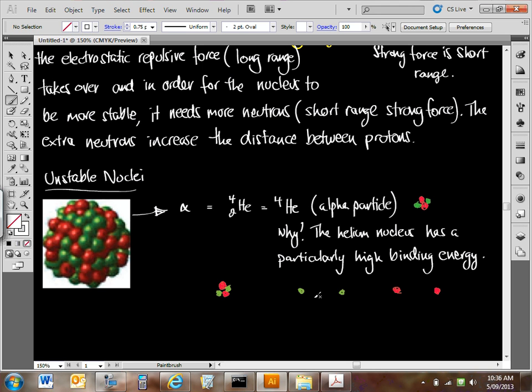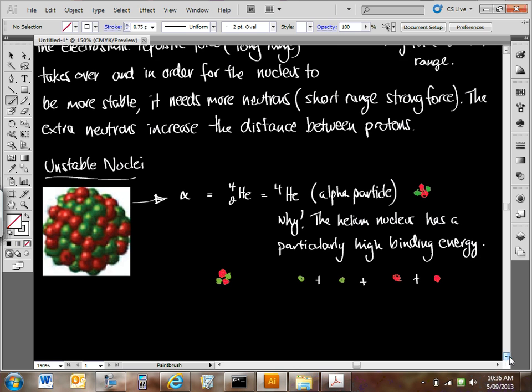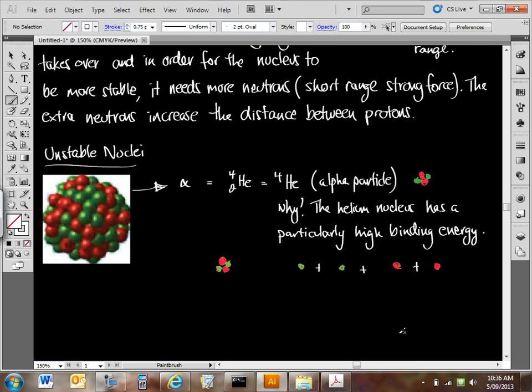Now, if I have that plus that plus that plus that, the mass of those compared to the mass of this, what's the difference? Does anybody know?